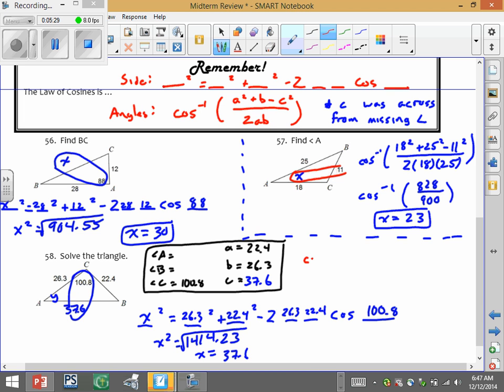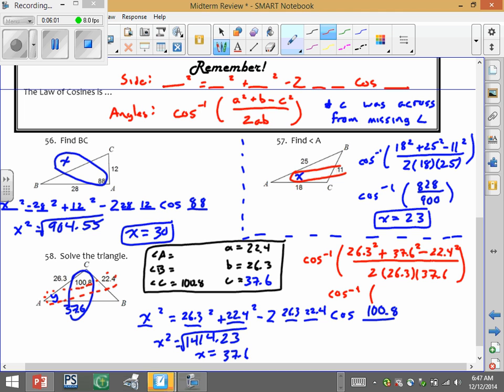When we do cosine inverse, we have the plus and the minus in the top and the 2 in the denominator. What's across from the angle of interest to us here is the 22.4, so 22.4 goes at the end. Then we put 26.3 squared, 37.6 squared, and then 26.3 and 37.6.